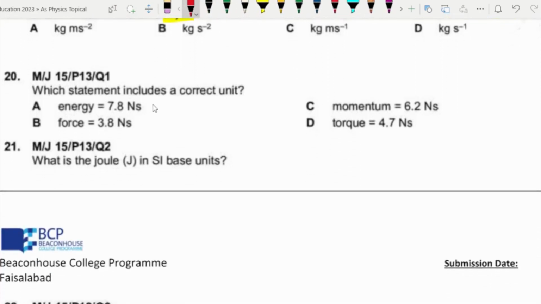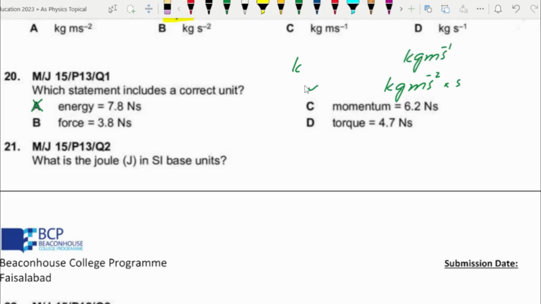Which statement includes a correct unit? Energy in Newton second. Energy is not in Newton second, so that is incorrect. Momentum 6.2 Newton second. Okay, 6.2 Newton second is also the same thing as kg m s minus 2 times second, and that would be kg m s minus 1.